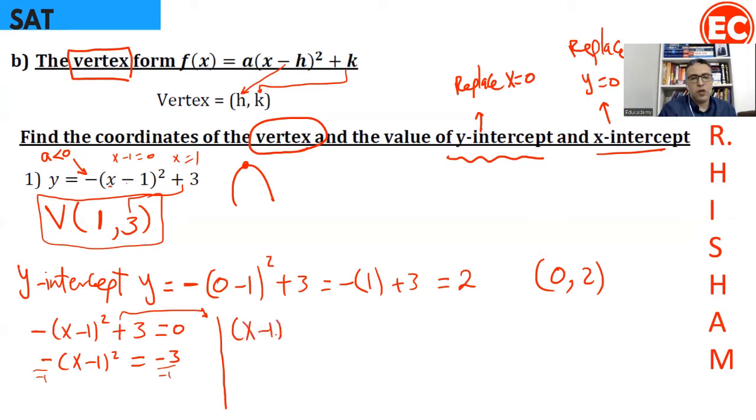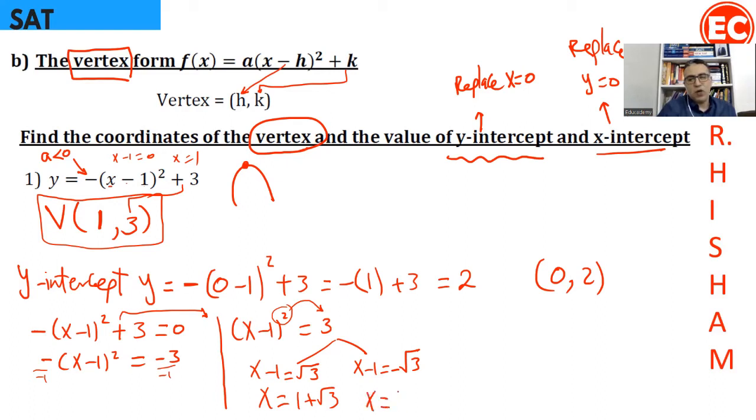So (x minus 1) squared is equal to 3. By taking the square root of both sides, x minus 1 is equal to root 3 or x minus 1 is equal to negative root 3. So x here is equal to 1 plus root 3, and x there is equal to 1 minus root 3.